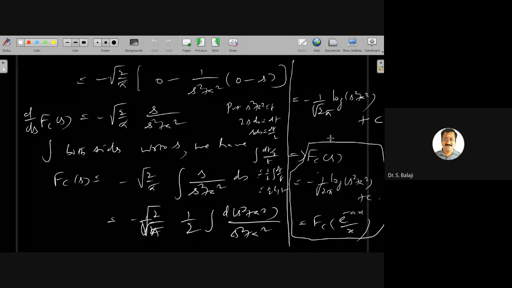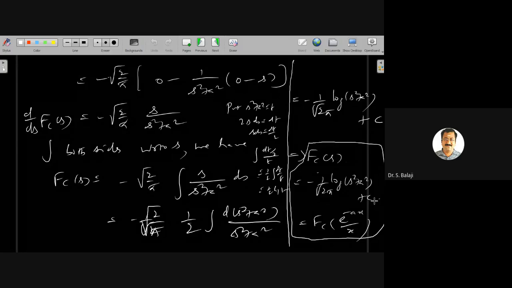Therefore, this is the result we require. FCFS only we require, that is the Fourier cosine transform of e power minus ax by x, is equal to minus 1 by root of 2 pi pi logarithm of s square plus a square plus c.